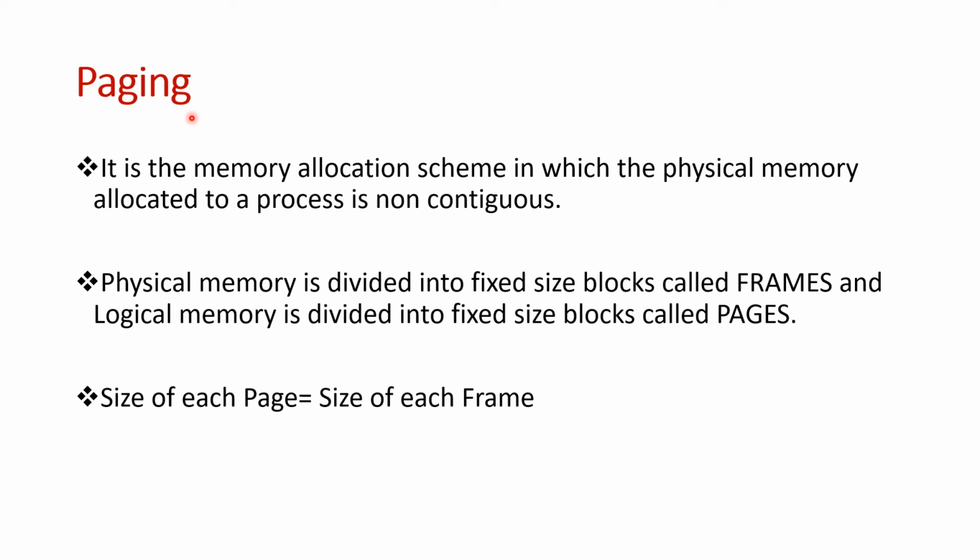This is known as paging. It is a memory allocation scheme in which the physical memory allocated to a process is non-contiguous. Physical memory is divided into fixed size blocks called frames, and logical memory is divided into fixed size blocks called pages. And also the size of each page should be equal to the size of each frame.